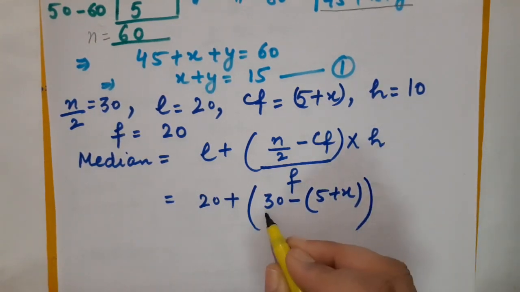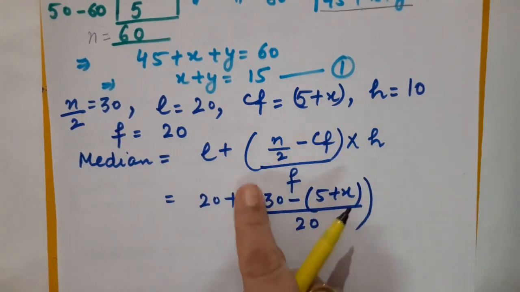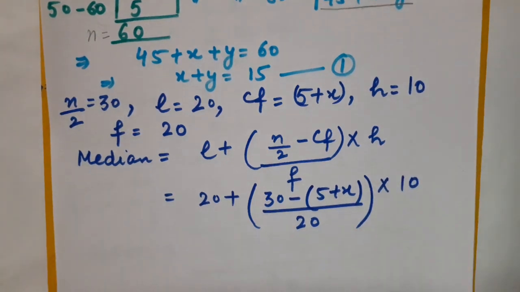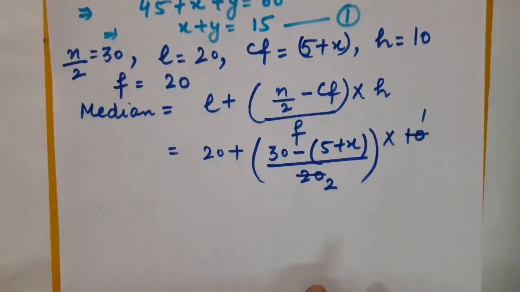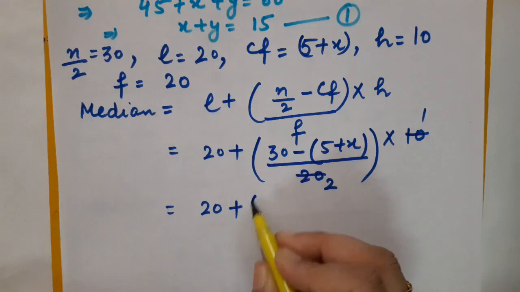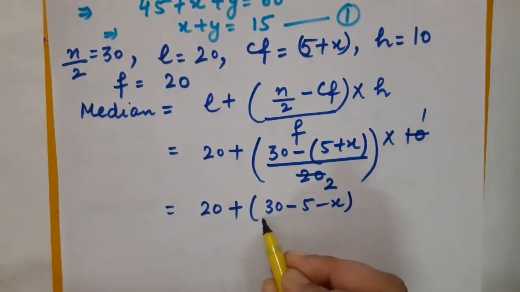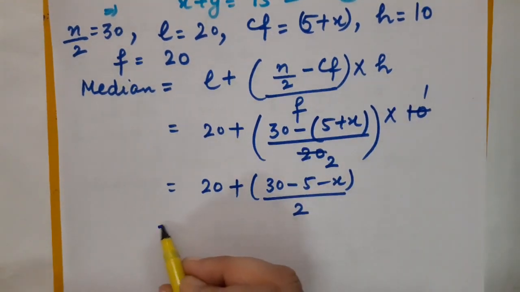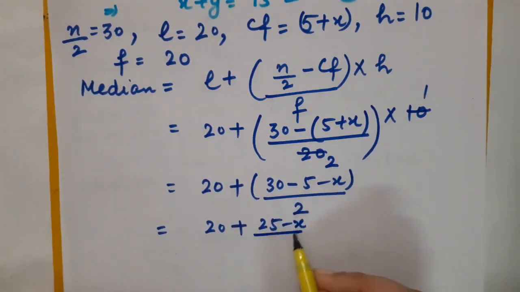Please make sure of this. And what is the frequency? 20. You could make a big bracket here also, that depends on you, into 10. Clear? So 10 ones are 10, 10 twos are 20. What are we going to get at the numerator? 20 plus, this is 30 minus 5 minus x upon 2. Correct? So this is 20 plus 25 minus x upon 2.